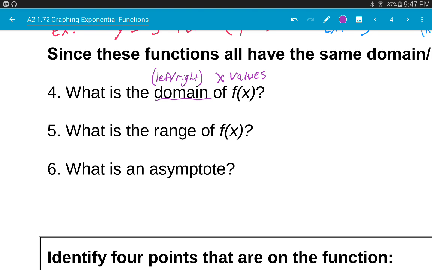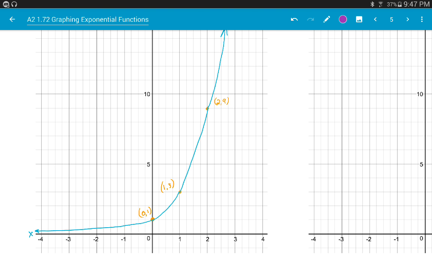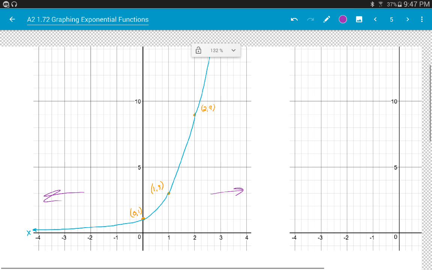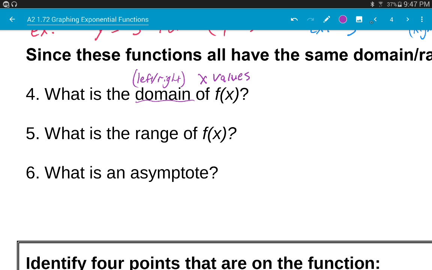So what we're saying here, the domain, we're saying for what x values is the function defined? So let me look. For what x values? Well, it goes forever to the left and it goes forever to the right. See over here, it's going up and to the right. So this goes to negative infinity and infinity.